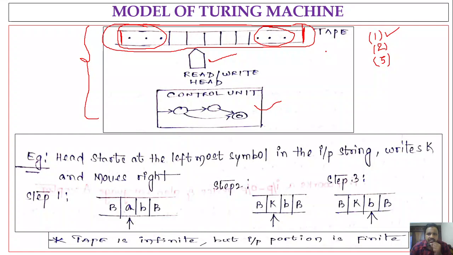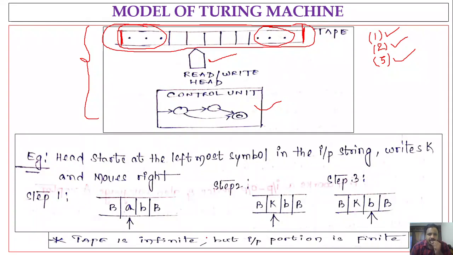So we have different types of Turing machines, and those types depend on the type of input tape that we are using: a completely infinite tape, a tape with one part infinite, or one part finite and another part infinite. That means we get different versions or flavors of the Turing machine based on the tape that we are using.